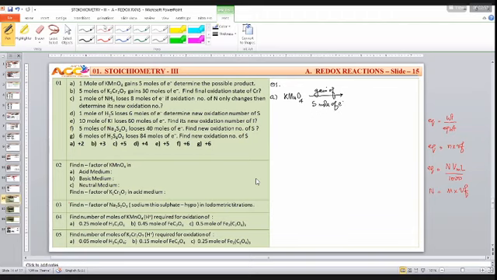Come on, what is the oxidation state of manganese? Sir, +7. If you are gaining electrons, the plus charge will cancel out, minus, minus, minus like this. Then ultimately, if you are gaining 5 electrons, this becomes Mn2+.